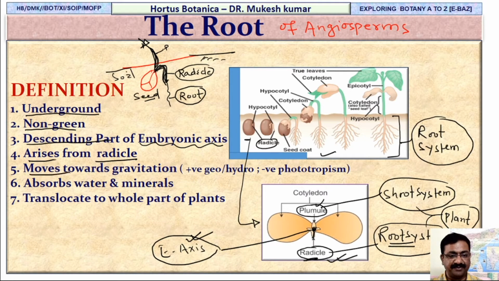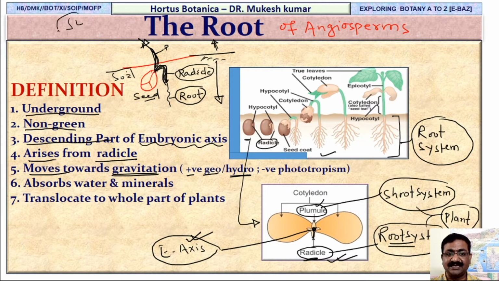Now it moves towards gravitation. See, it is going downward. So going downward means it is positively geotropic as well as hydrotropic. Since it is positive to geotropic and hydrotropic, it will be negative to phototropic. It is far away from light.